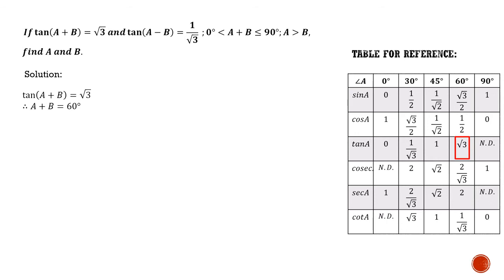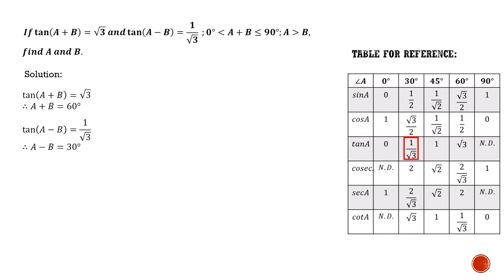So I can say that a + b is equal to 60 degrees. Similarly, I will check the same thing for a − b, because tan of angle a − b is equal to 1 by root 3, and that is once again possible only when the angle is 30 degrees. So I can simply equate a − b to 30 degrees.